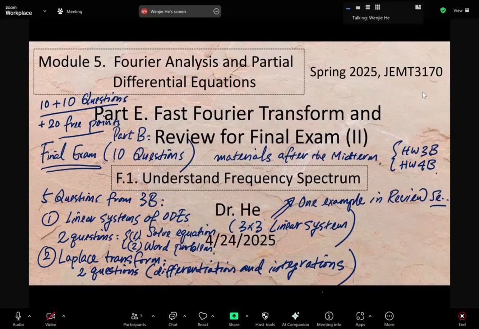Then the third topic: power series solutions of ODEs, 1 question.